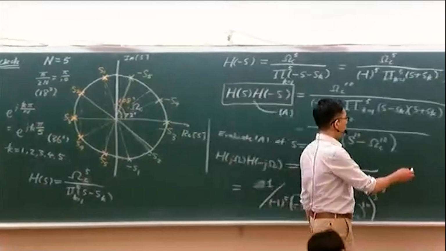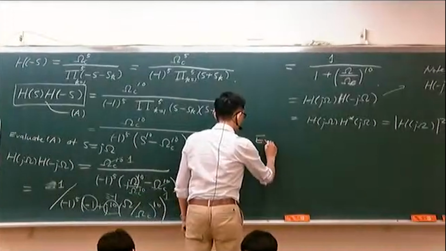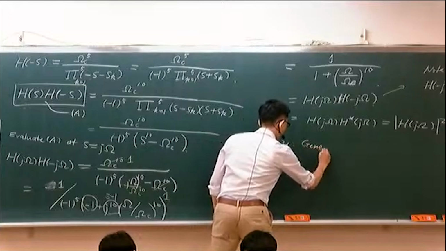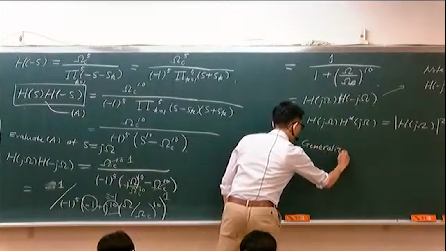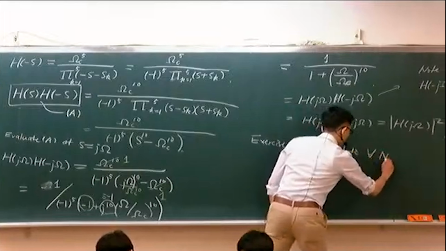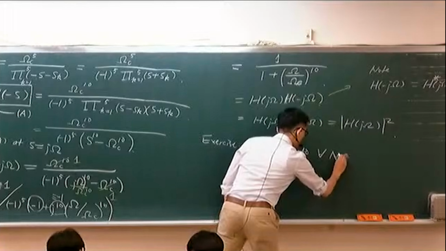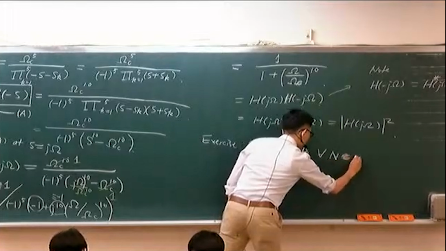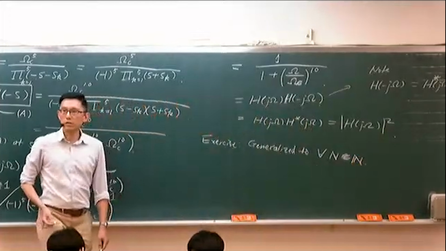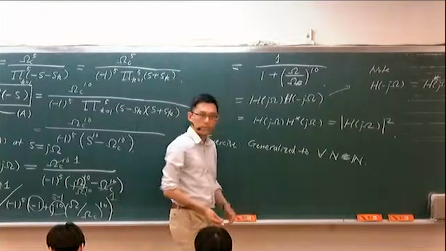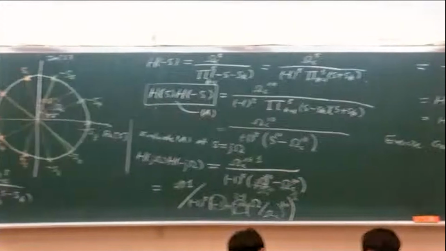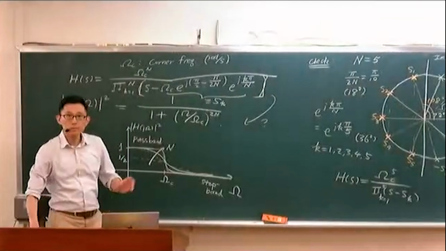Then, of course, exercise, now you can generalize. So I'll leave it as an exercise to generalize to any given n, let me say natural number, any order. All right, so that's the more tedious part of this exercise.